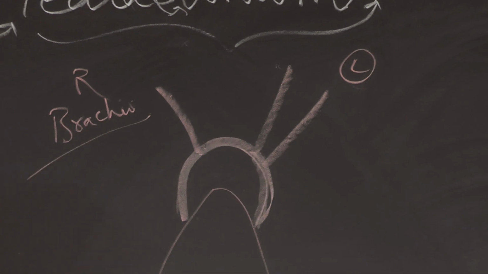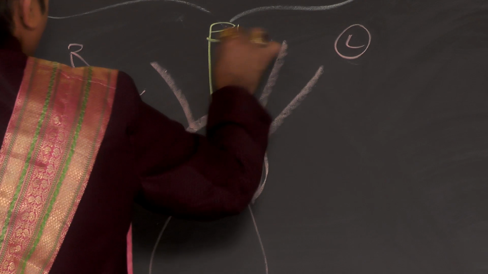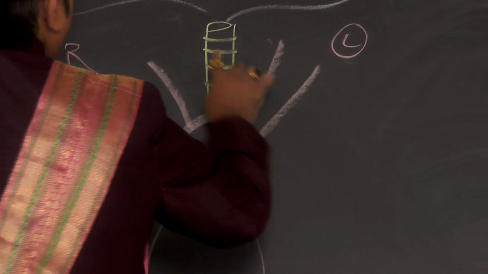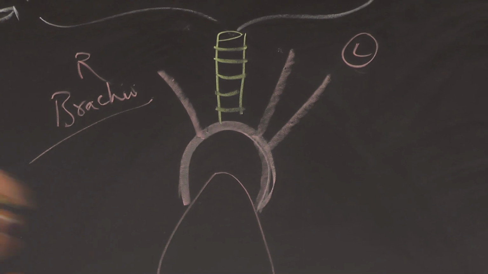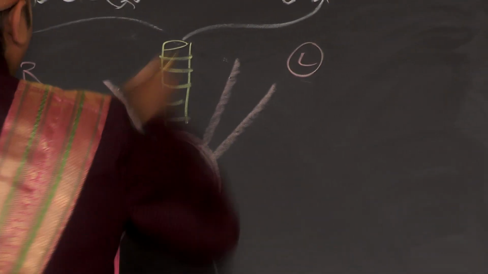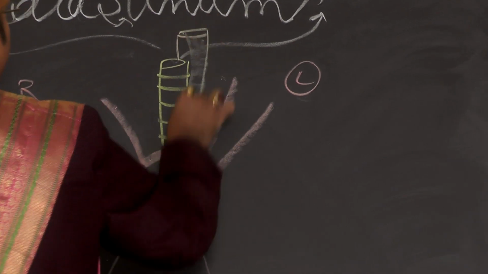Now we have, behind, the trachea. Here we have the trachea and the tracheal rings. We can never forget, when you are drawing the trachea, you must draw the tracheal rings. And behind that we have the food pipe. What is that? Esophagus. Good.